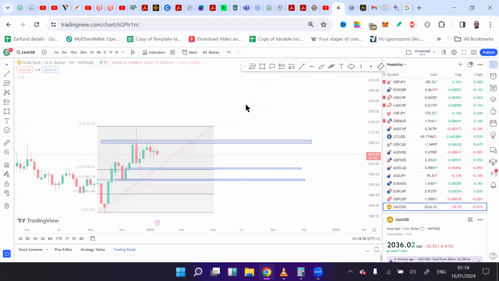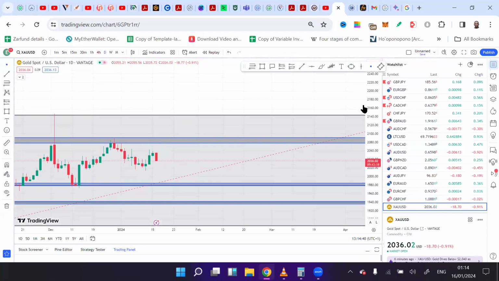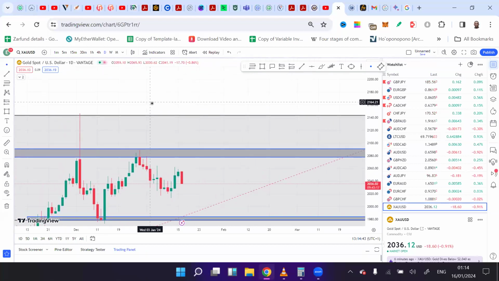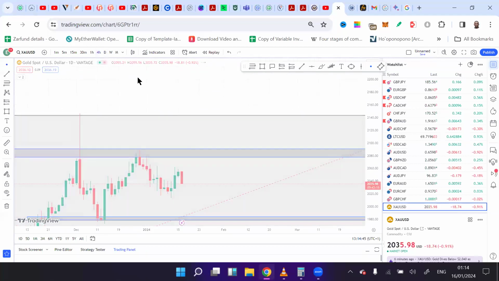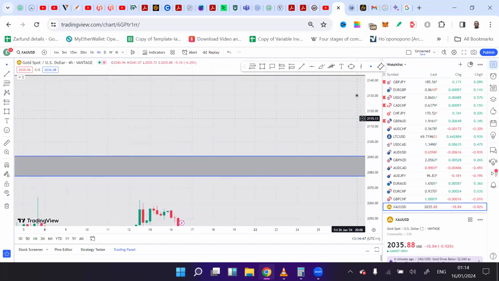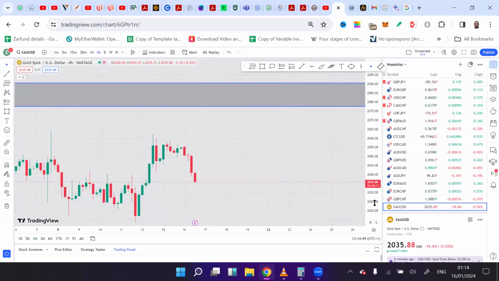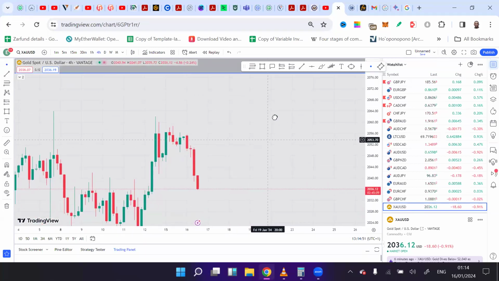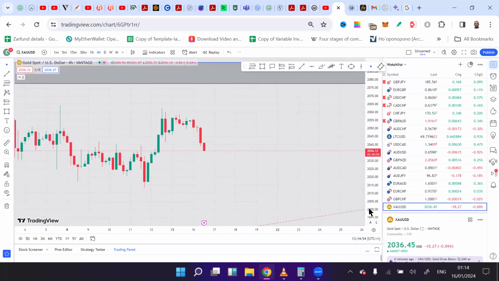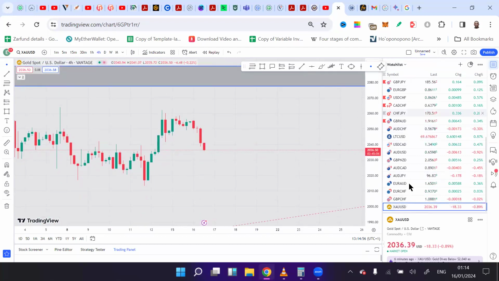Now we go lower again. We'll go to the daily chart, then to the 4-hour chart. What we are looking for now is an entry. We are looking to make profit. Before we go on, let's look at what direction the market is going.